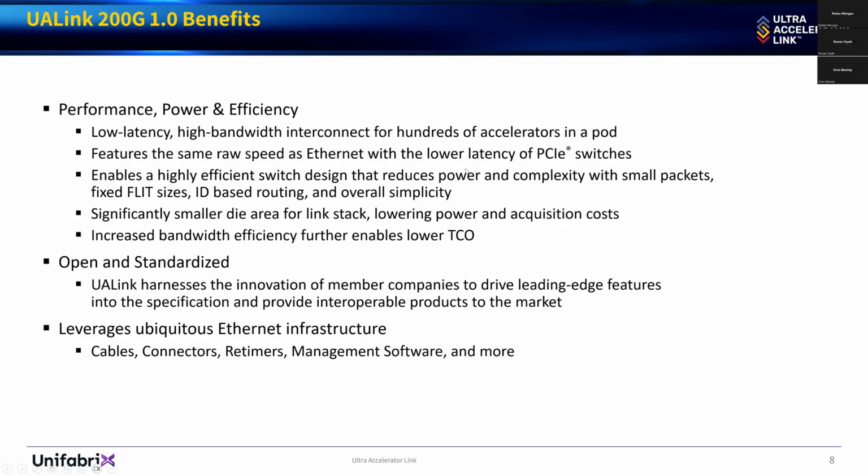And with the lower latency of PCIe switches. So UALink actually combines the high bandwidth of Ethernet with the lower latency which we can find in PCIe and CXL. It has a highly efficient switch design, reduced power, reduced complexity, small packets, and fixed flit size. It helps in designing a switch.